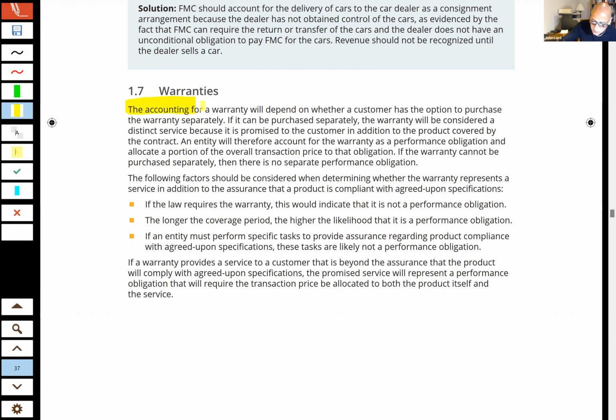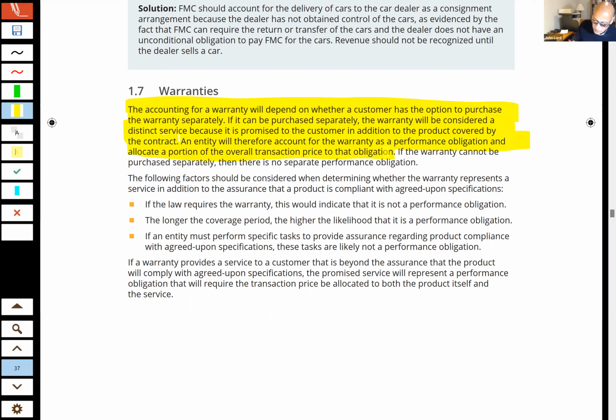So the accounting for the warranty will depend on whether the customer has the option to purchase the warranty separately. If it can be purchased separately, the warranty will be considered a distinct service because it is promised to the customer in addition to the product covered by the contract. An entity will therefore account for the warranty as a performance obligation, allocating a portion of the overall transaction price to the obligation.